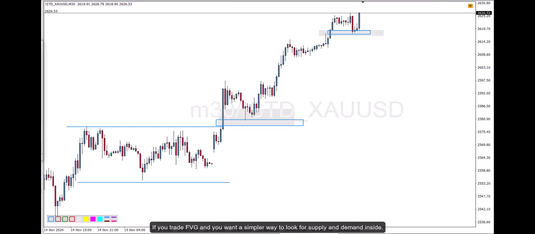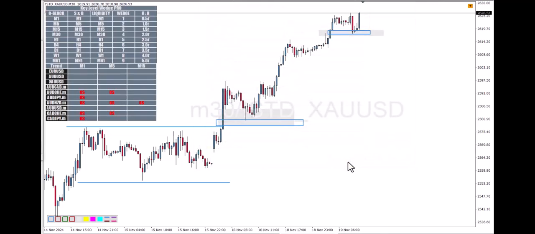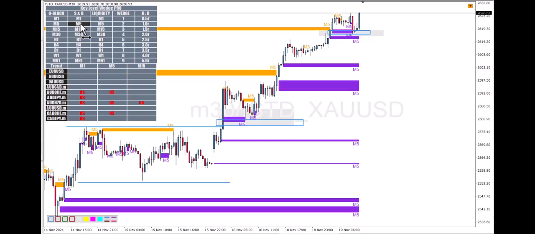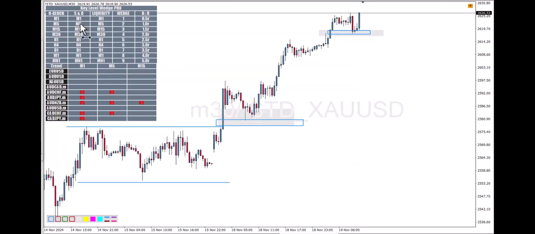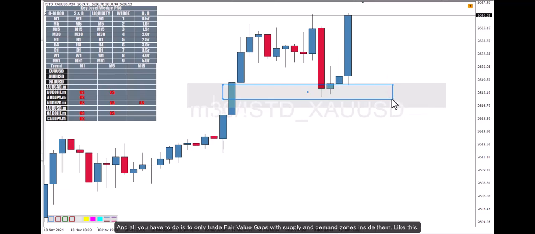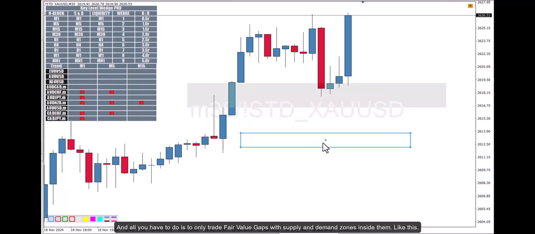If you trade fair value gaps and you want a simpler way to look for supply and demand inside, you can use the Key Level Wedge Pro, which draws lower time frame supply and demand levels on your current chart. And all you have to do is to only trade fair value gaps with supply and demand zones inside them. Like this.